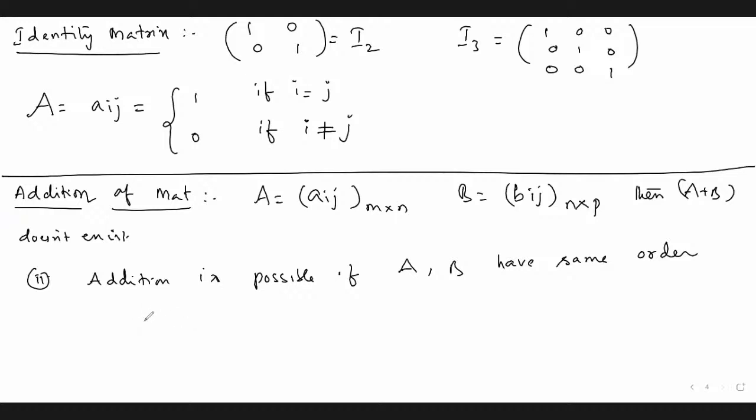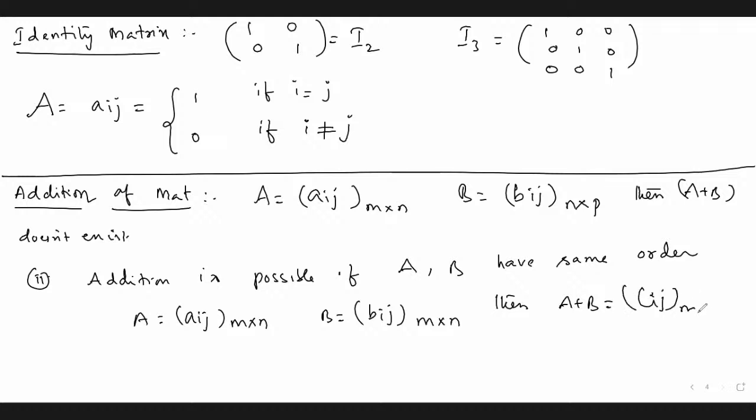Means A is equal to Aij of M by N, capital B is equal to Bij of M by N, then A plus B is equal to Cij of M by N, where Cij is equal to Aij plus Bij.